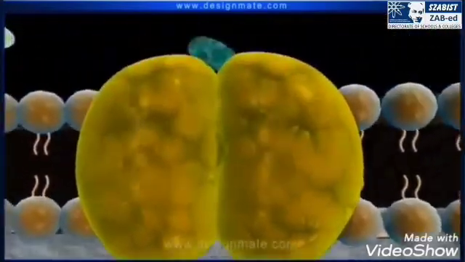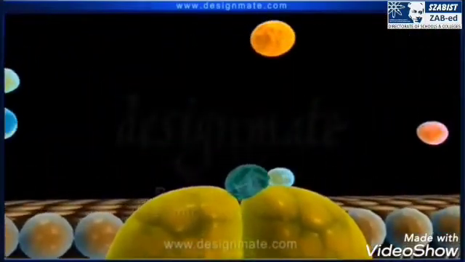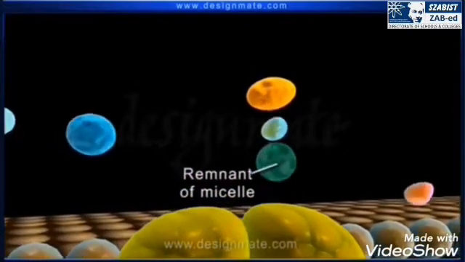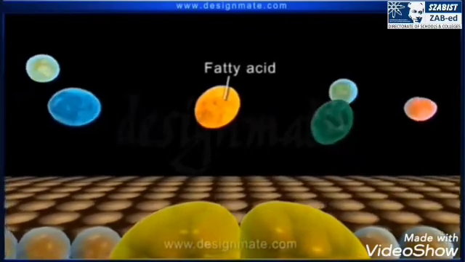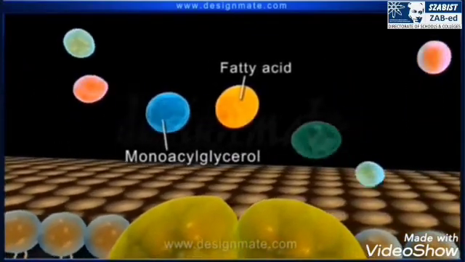The bile salts are freed and returned to the liver. The remnant of these micelles is left behind and combines with new fatty acids and monoacylglycerols.